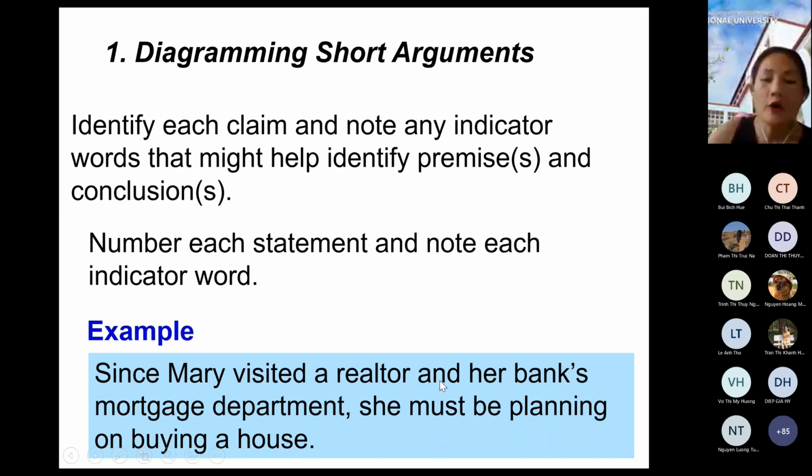And for the previous answers, they said 3. 3 means that they will break here. So we have 2 pieces of information in the premise, like Mary visited a realtor, and what is the second piece of information if you want to say there are 3? Thu An or Minh An or any others.